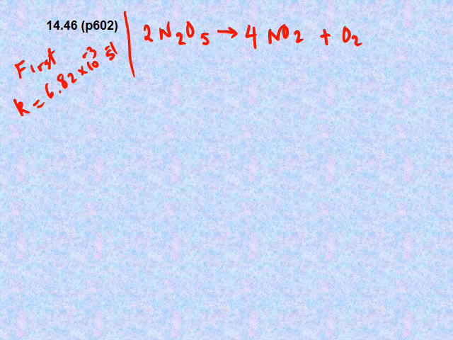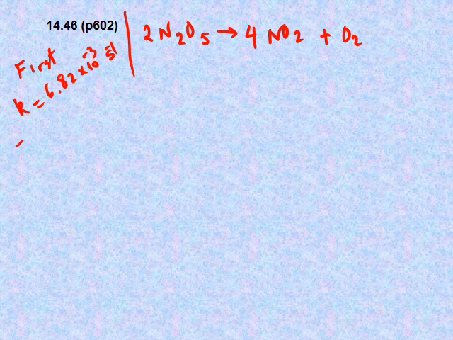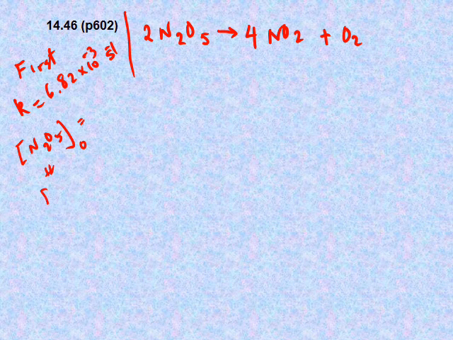And they're saying that initially you started with 0.025 mole of N2O5. So the initial N2O5, we call it A0, so that we can apply the expression without any confusion. So N2O5 initial value is 0.025 mole, but in 2 liters.